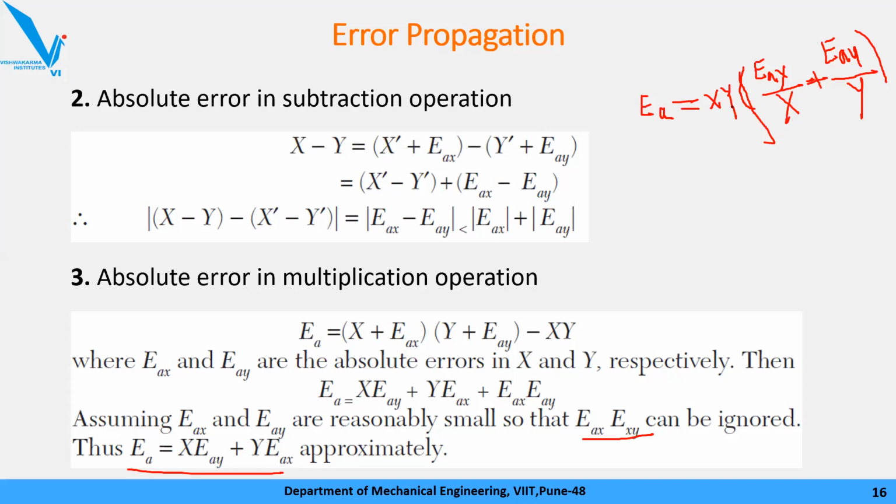This x into y is the multiplication of absolute value, true value, into, now this, listen carefully, this is absolute error in x term and this is absolute error in y term. So absolute error in the x term divided by x, error in x divided by x is nothing but your relative error. We have seen this in the yesterday's lecture, relative error, plus this represents relative error in the y term.